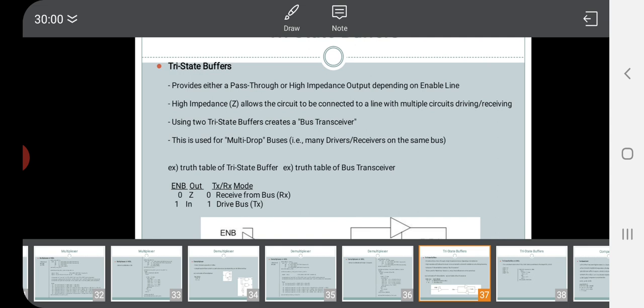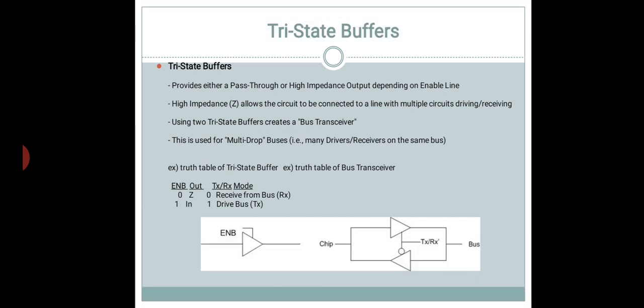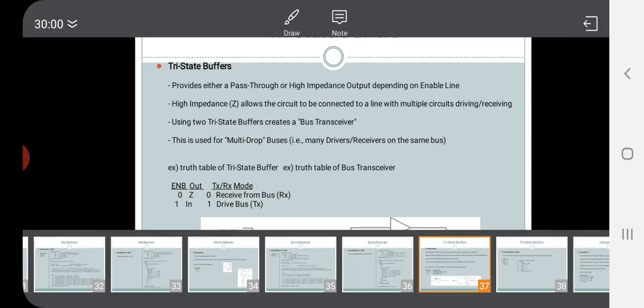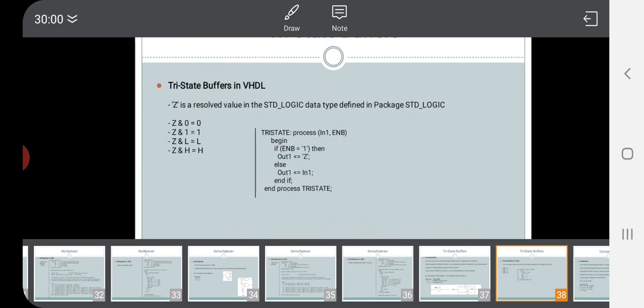Then next, the tri-state buffer. For a tri-state buffer, we have to use an enable line in order to pass the input towards the output. This we can also implement by using VHDL. So here the tri-state buffer is defined with the help of a process.